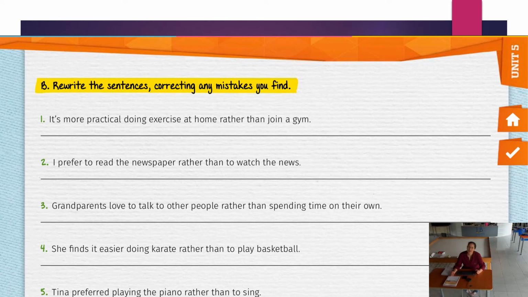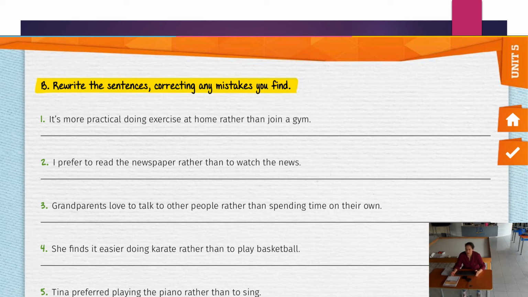So the mistake is that you started with -ing, doing exercise. So you have to use then joining a gym, because -ing with -ing, infinitive with infinitive. So your sentence will be, it's more practical doing exercise at home rather than joining a gym.